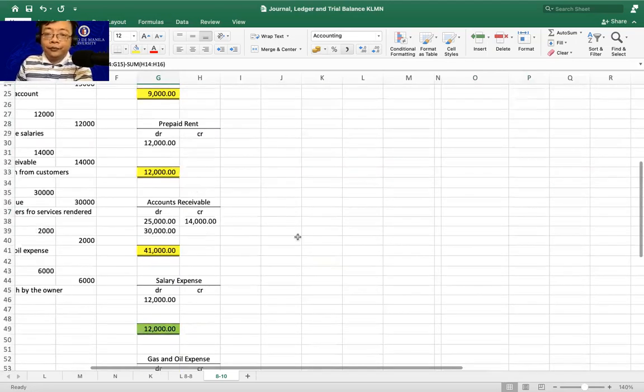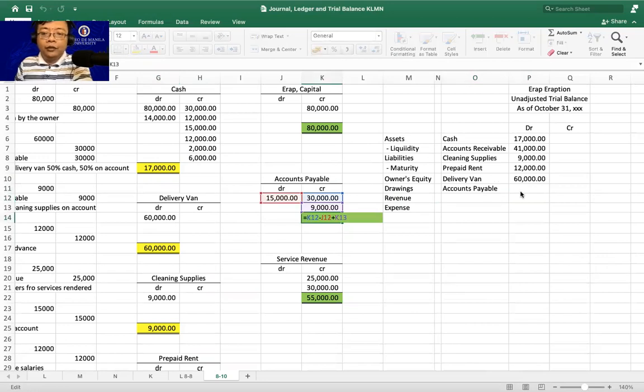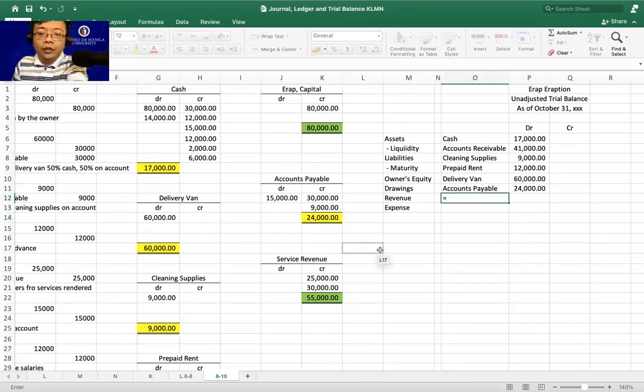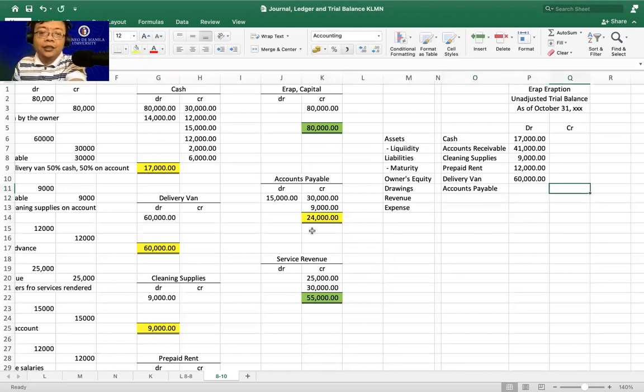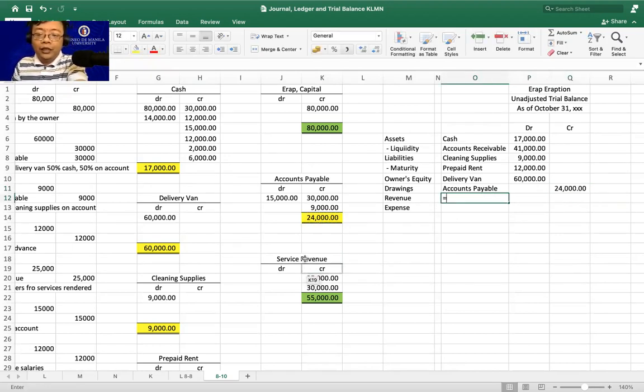Next is liabilities. Of course, you have your accounts payable. Very good, so I will put yellow here. What else? Nothing else. Next is your revenue. Sorry, this is wrong. It should be on the credit. And also you have service revenue. Take note, if it has a credit balance, we also put it on the credit side.